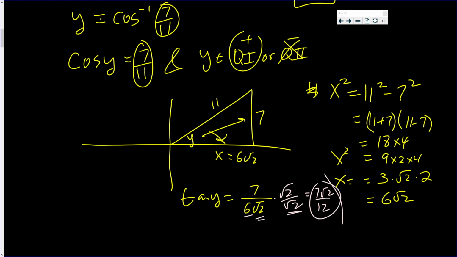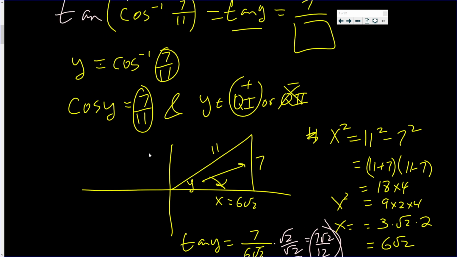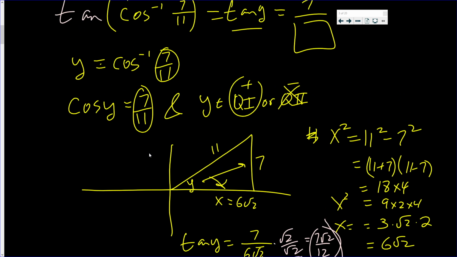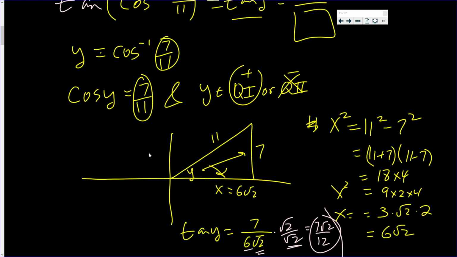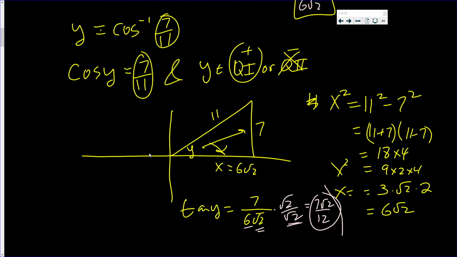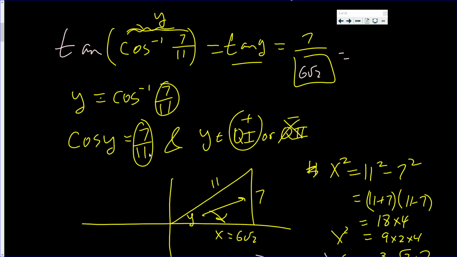And this can't be reduced. So it's 7 over 6 square root of 2, and that's exactly what I simplified, and I got 7 square root of 2 over 12.